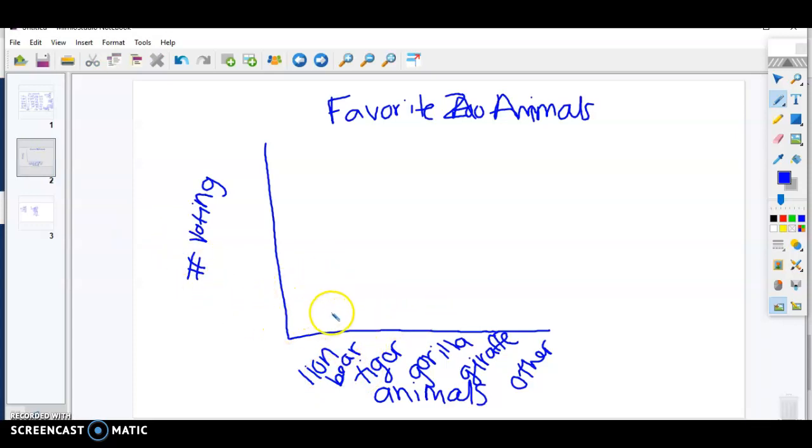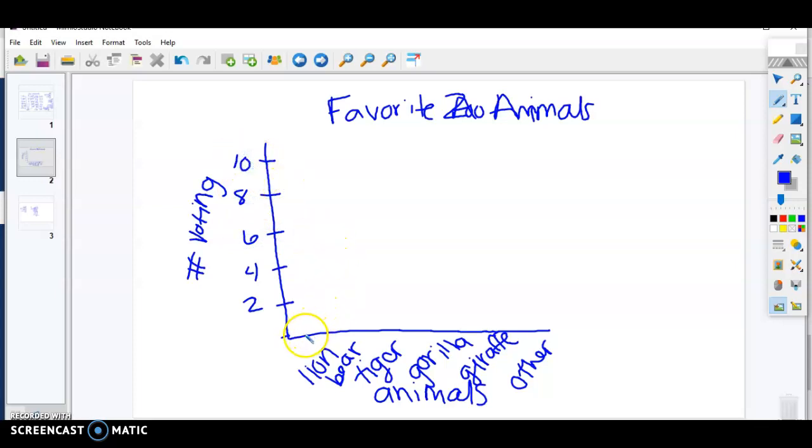I'm going up by 2s because I only need to go up to 10 on this side, right? Because my total is 25, but if I look at my data, the highest number I have is 10. So I'm going to go up by 2s. So here's 0, 1, 2. Evenly space them. 4, 6, 8, 10.